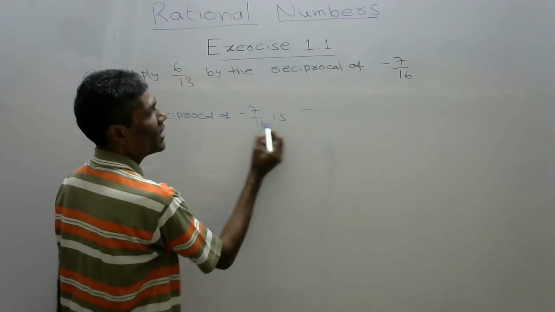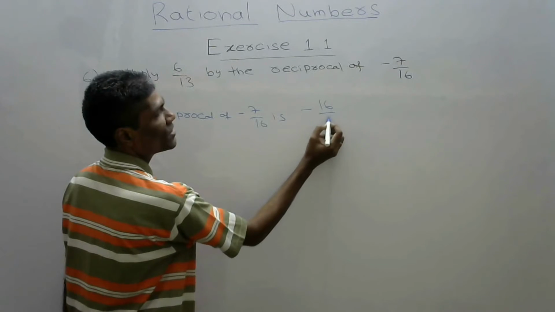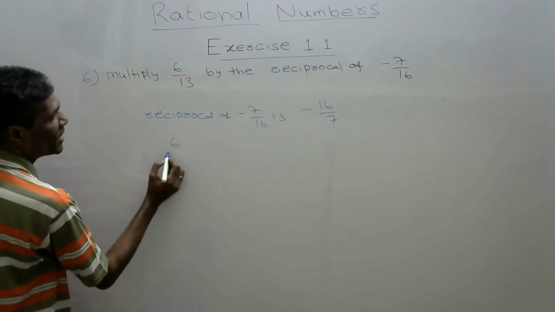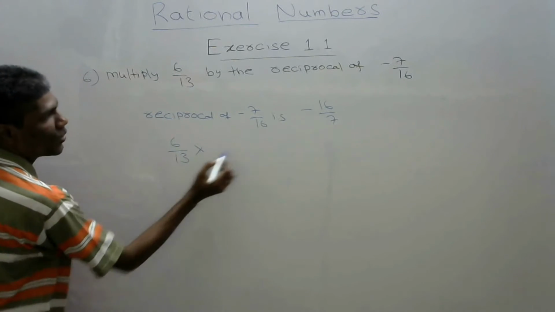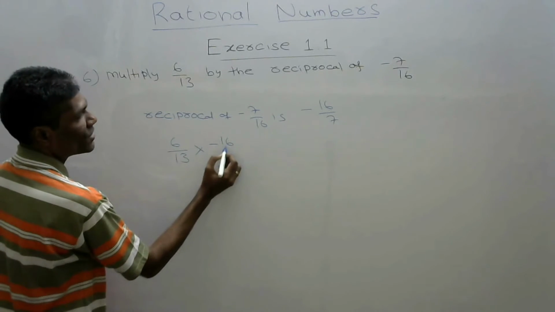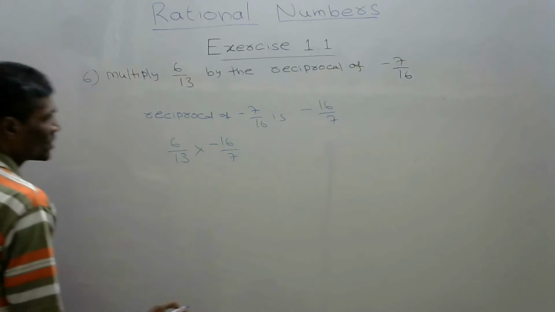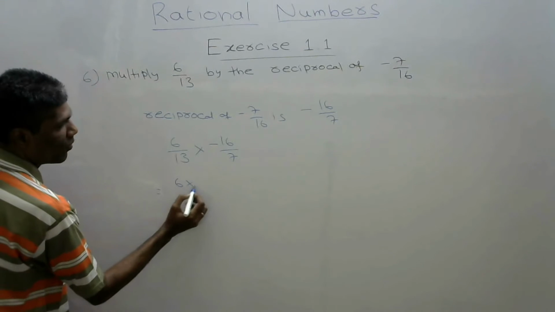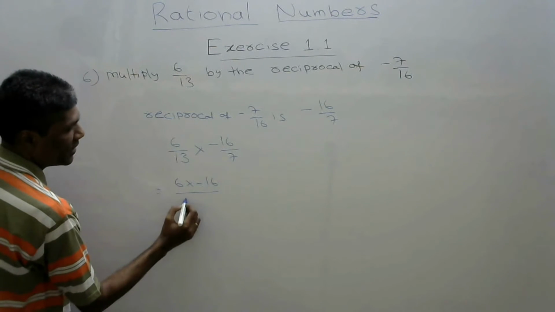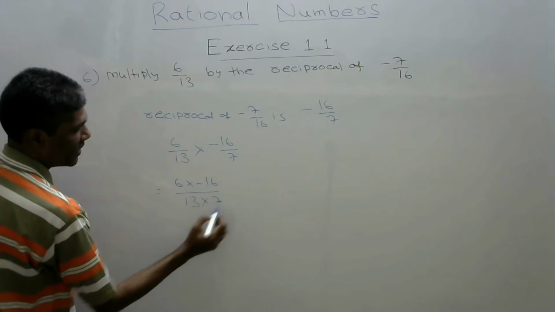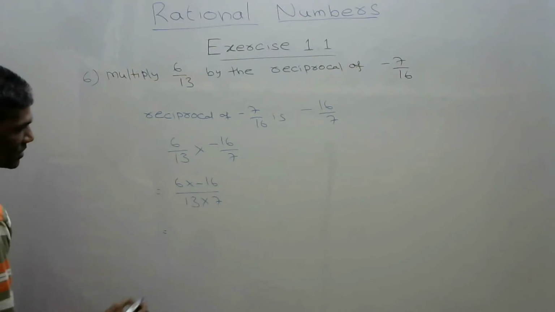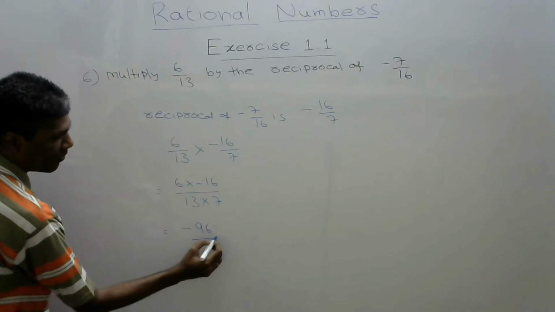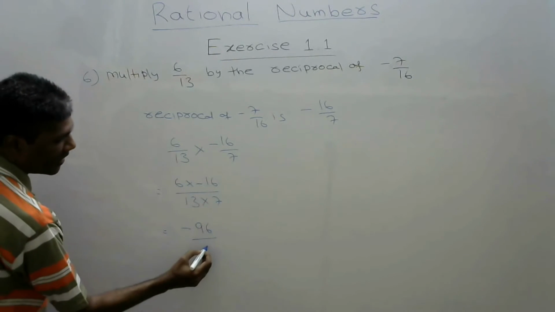So, minus 16 by 7. So, the question is 6 by 13 into minus 16 by 7. That is nothing but 6 into minus 16 by 13 into 7. 16 6s are 96, so minus 96 by 13 7s are 91.